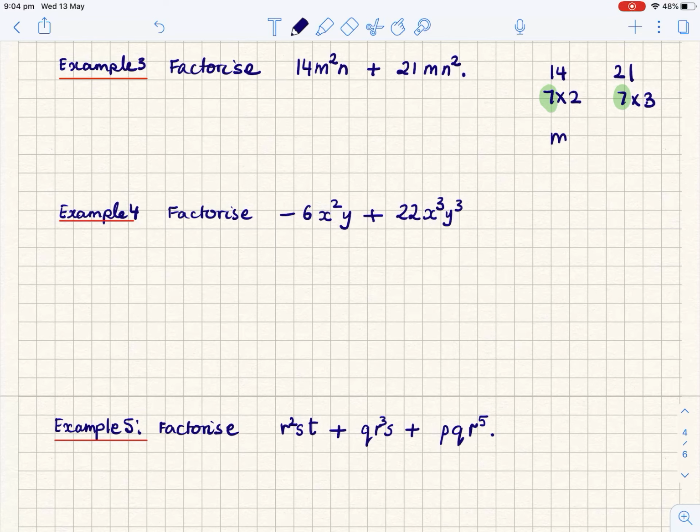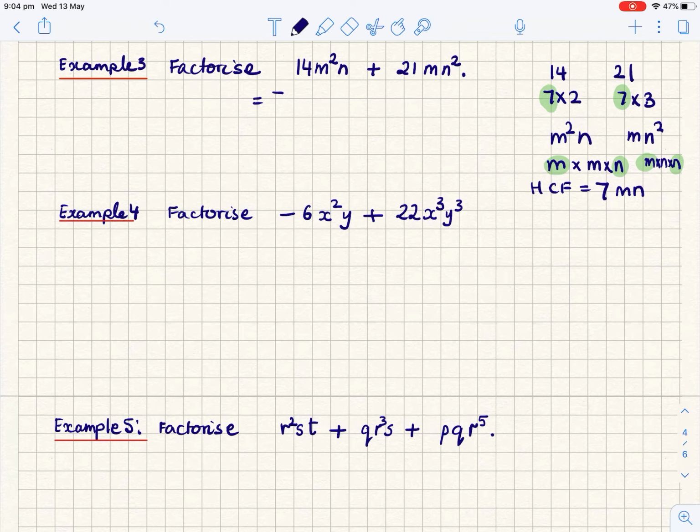Now for letters, m squared n and mn squared. In terms of letters, we have m common, we have n common. So the highest common factor is 7 for numbers and mn for letters.